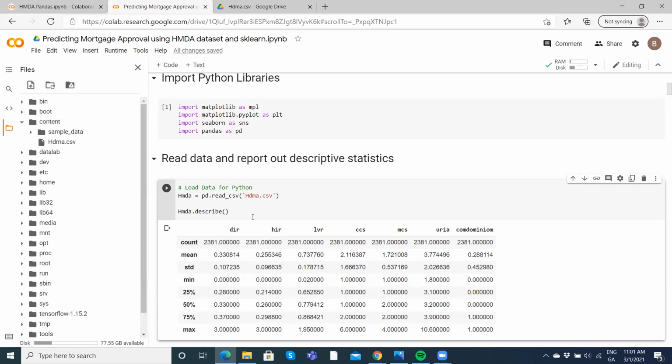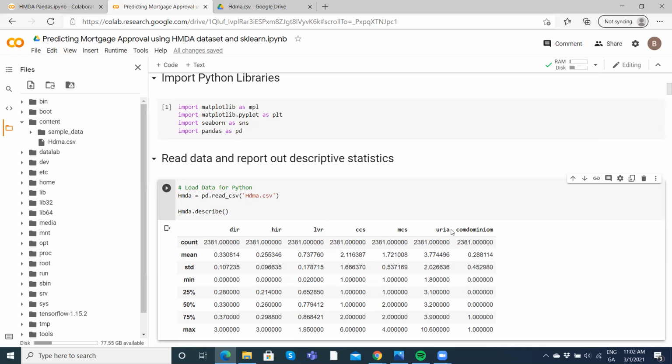In the data set, we have DIR, HIR, LVR, so the debt to income ratio, the household expense to income, loan to value. You have the credit scores, the mortgage credit scores, the unemployment of the applicant.